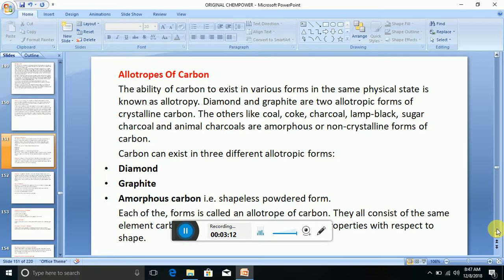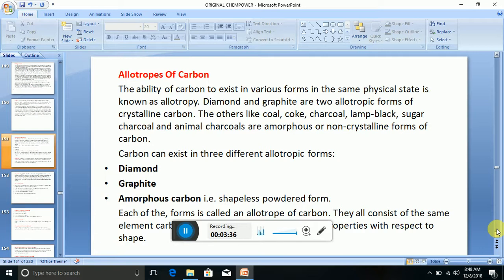The others like coal, coke, charcoal, lamp-black, sugar charcoal, and animal charcoals, are amorphous or non-crystalline forms of carbon.